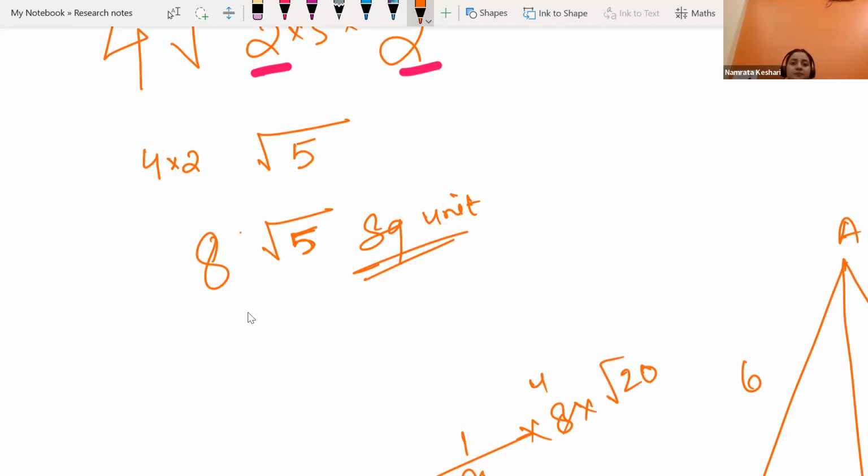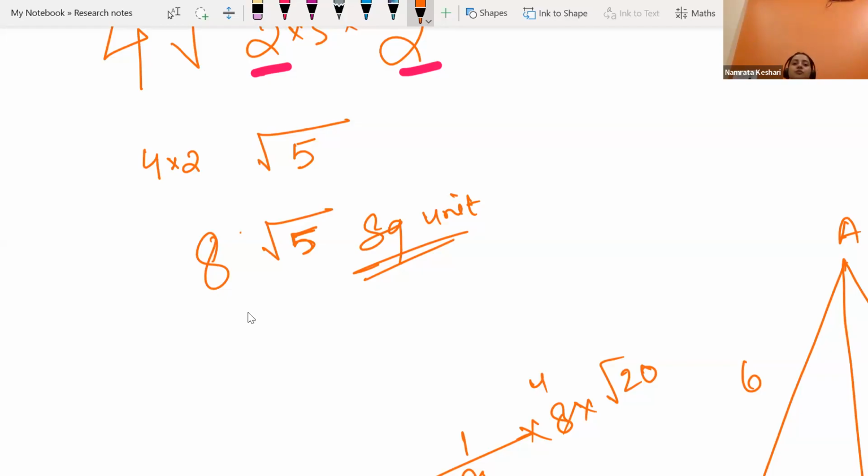Getting it? Yes, ma'am. So from today onward, we are having two formulas for finding the area. According to the data given, we will be choosing the formula and using it for finding the area.